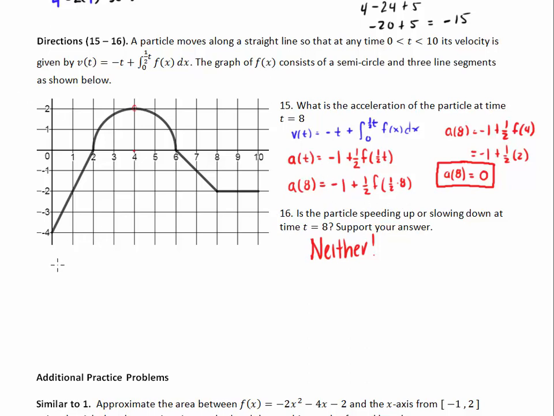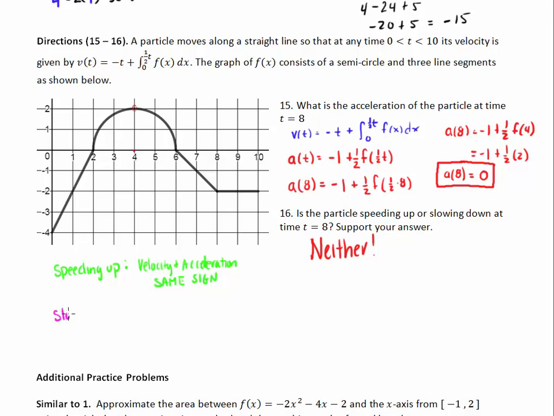Okay, something is speeding up. If something is speeding up, that indicates that the velocity and acceleration have the same sign. They're either both positive or they are both negative at whatever time you're looking at.